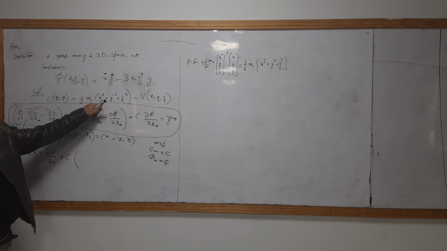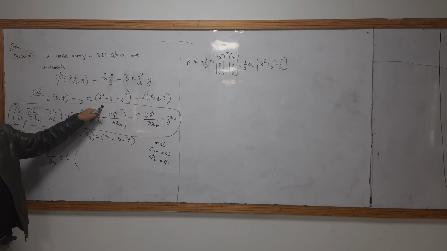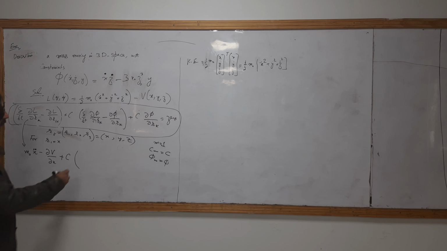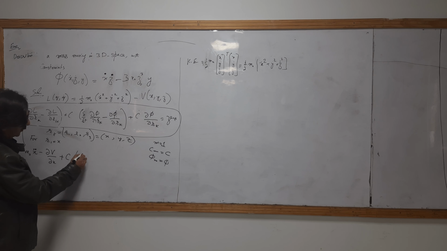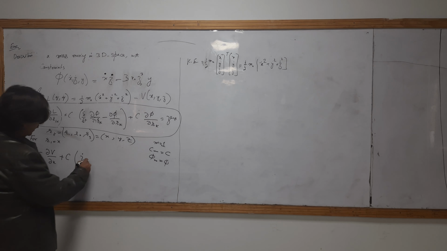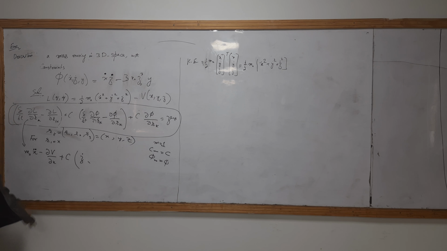Now the term is about phi, not this. Partial of phi with respect to x dot will be z naught.